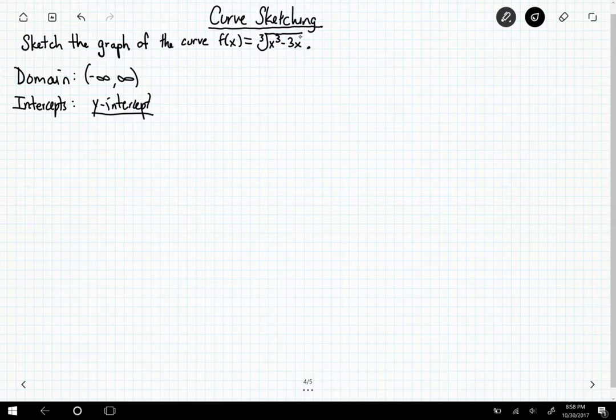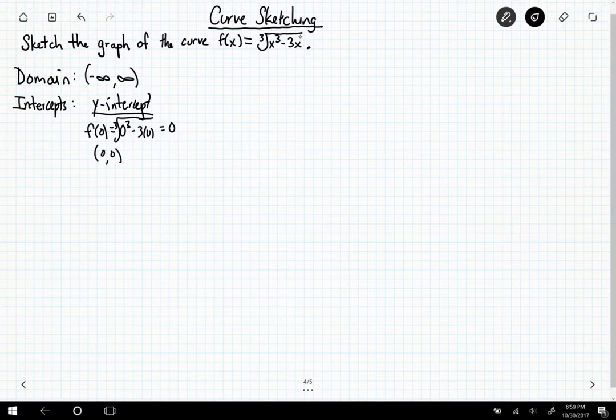So when x equals 0, notice we get f of 0 equals the cube root of 0 cubed minus 3 times 0. And what are we left with? This whole thing equals 0. So you have the y-intercept occurs at 0, 0.